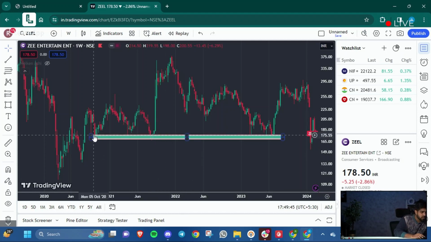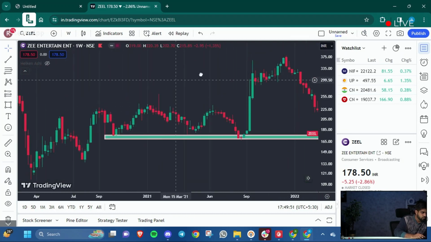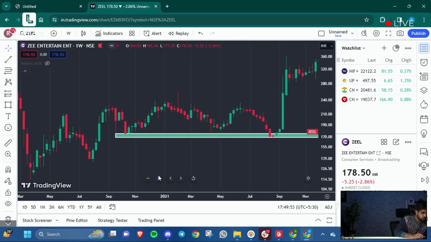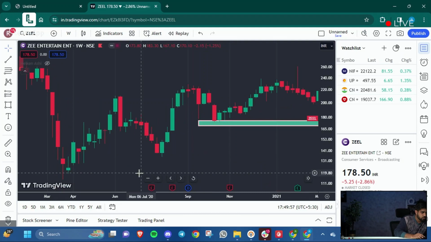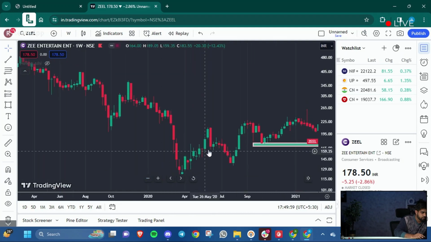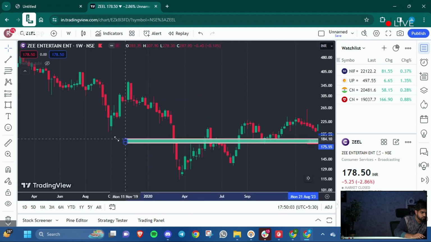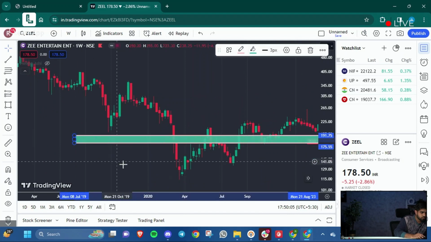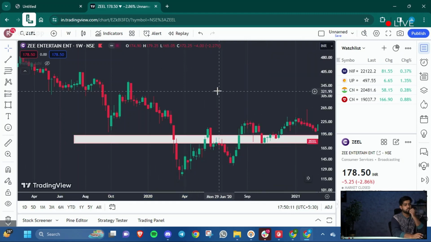Now here the prices, यहां पर देखो ध्यान से. यहां पर देखो.